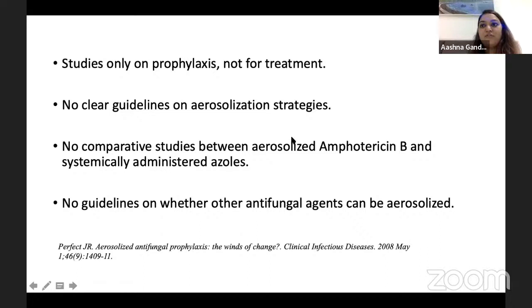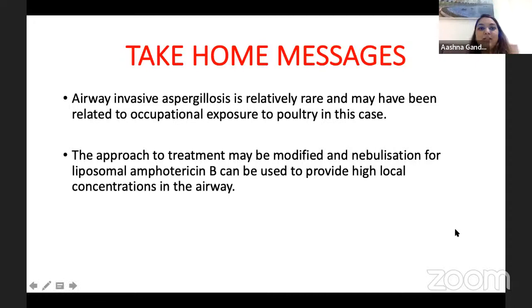So lots of problems in this case, but definitely it can be tried on a case-to-case basis, and it does give you good results. The take-home messages from my case are that airway invasive aspergillosis is relatively rare. In this case, the patient was not immunocompromised, but he was a poultry farmer.